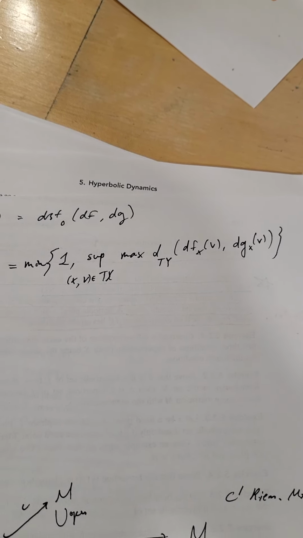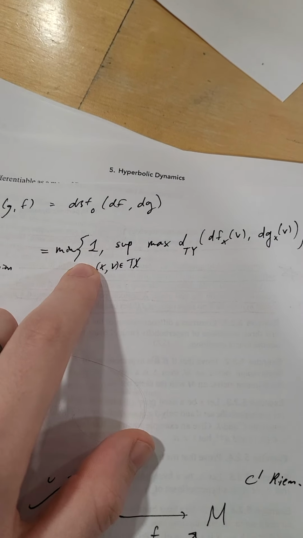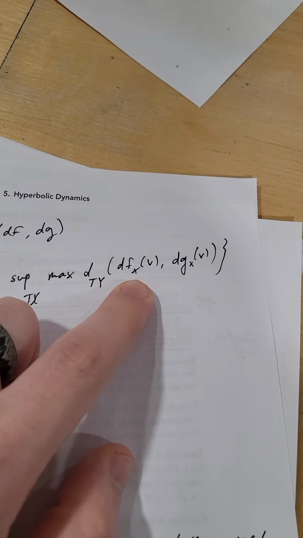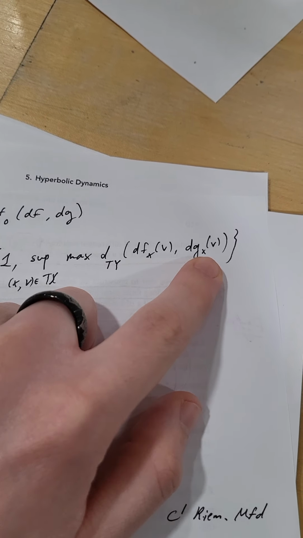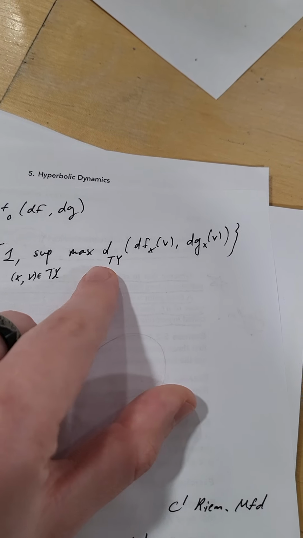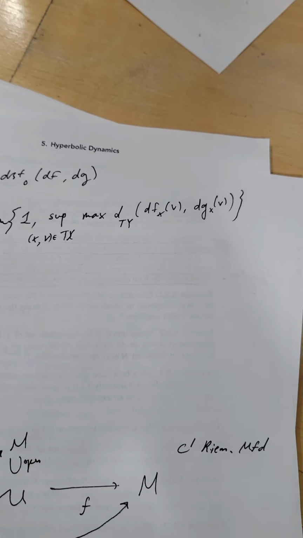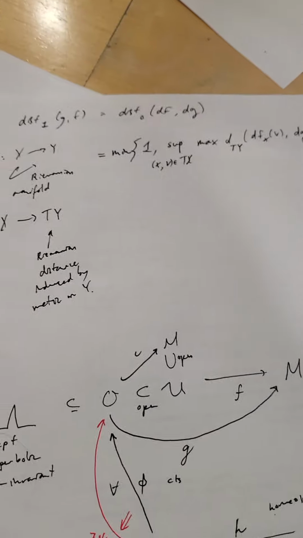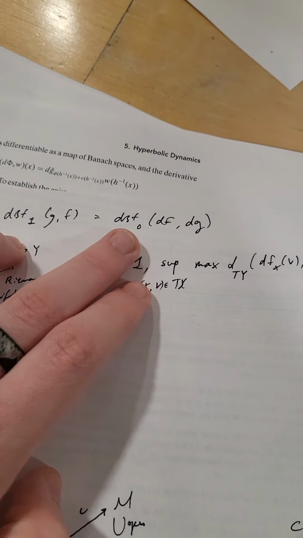But that actually isn't going to be a problem here, because we're just taking this minimum of the number 1 and the supremum over every point in the tangent bundle of this distance between the image of the vector v under the differential of f and the image of the vector v under the differential of g. Okay, and so this distance is going to be well defined on the tangent bundle, because we know that we have an inner product because we're working in a Riemannian manifold.